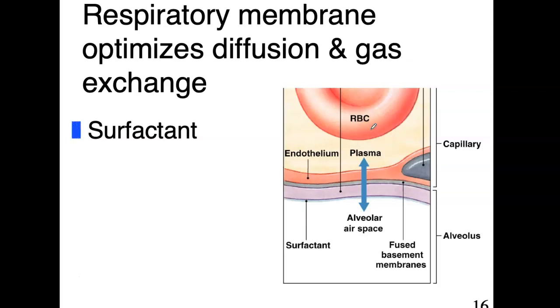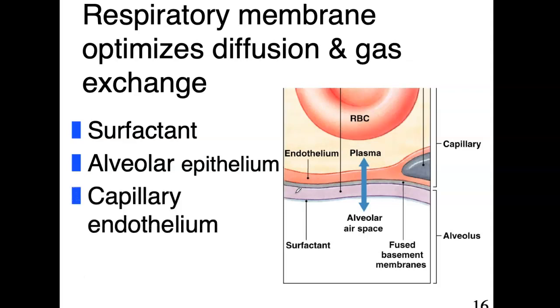So what do we have on that surface? Air is filling this, and the first thing you would have is surfactant. Surfactant is lining that. Then there will be the alveolar epithelium, here in purple, 1 cell thick. Remember that. It's going to be easy for oxygen to cross that.